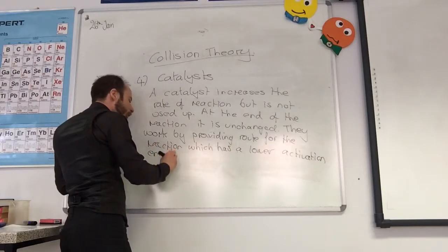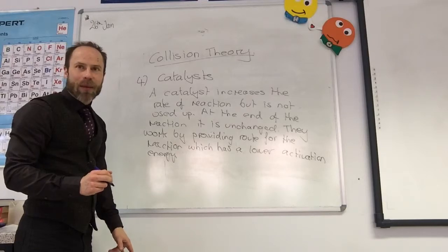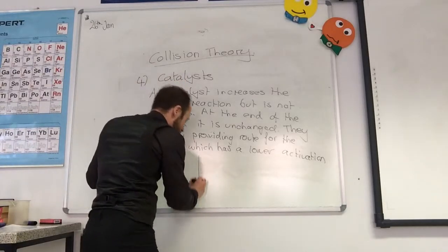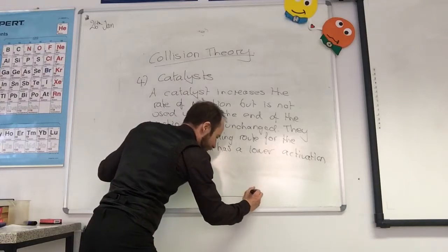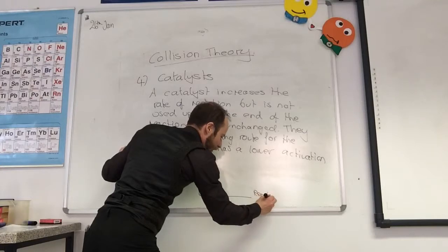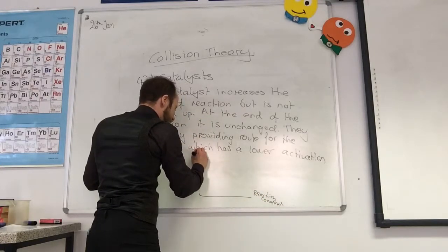So what they often want you to do is draw it on an energy enthalpy profile diagram. The way you do that, I'll do it for an exothermic reaction. Get your axes sorted. So we've got reaction coordinate there and we have enthalpy there.